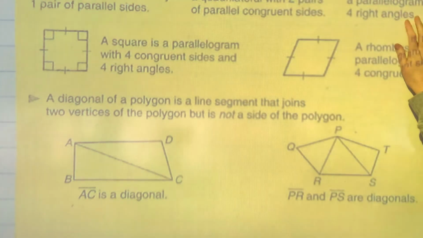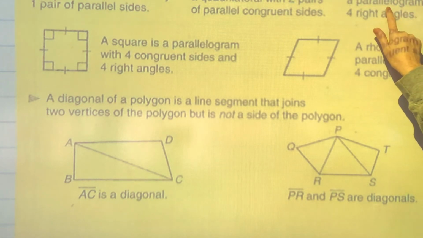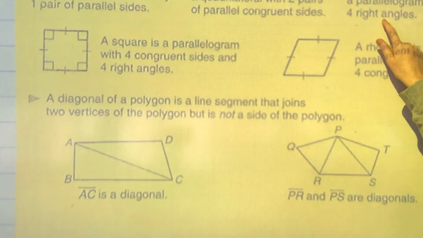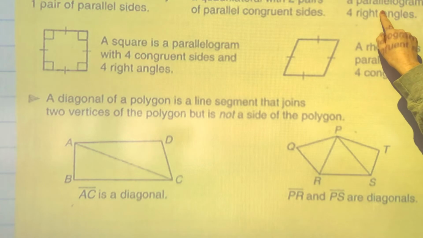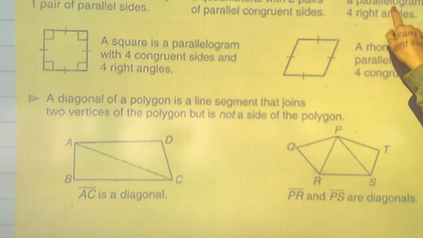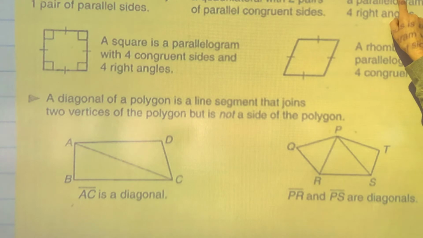If we go back up here and look at the definition of a rectangle, this is kind of confusing. The definition of a rectangle is a parallelogram with four right angles. Okay, so is a square a parallelogram with four right angles? Yes. So we could also call a square a rectangle because it fits the definition.